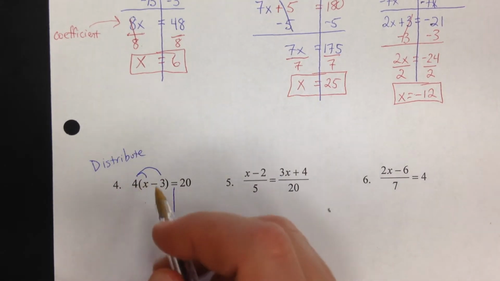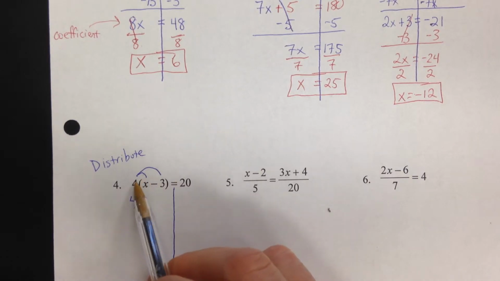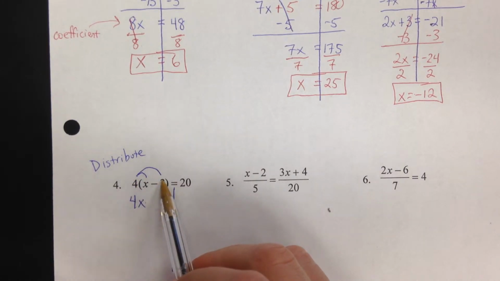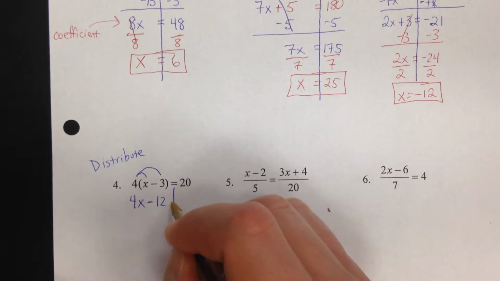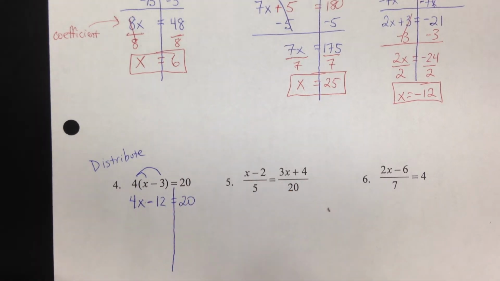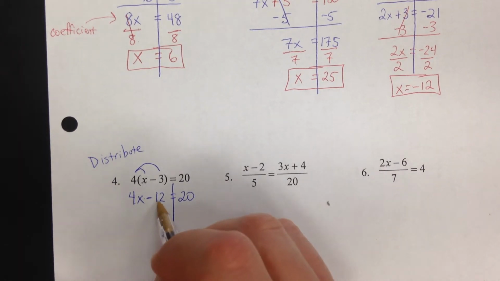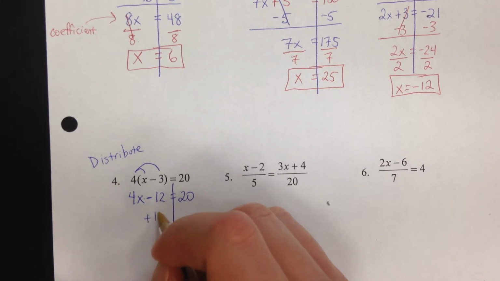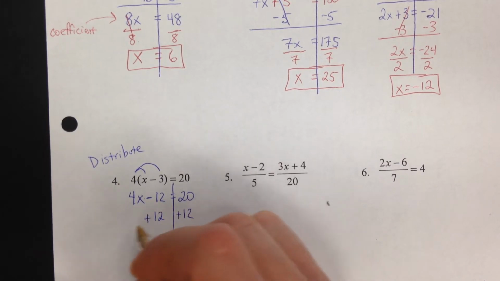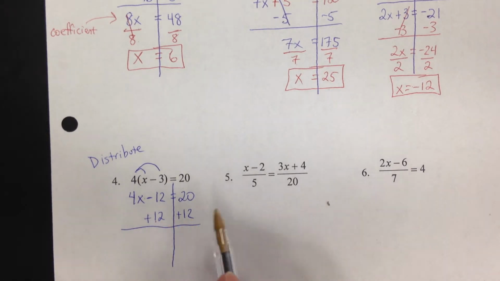The 4 has to multiply the x, so that's 4 times x. And the 4 is going to multiply the negative 3. So 4 times negative 3 is minus 12, equals 20. Now we have the same kind of problem that we had before. Let's move the negative 12. To undo subtraction, we're going to go plus 12, plus 12. Remember, whatever you do to the left side, you do the same thing to the right.